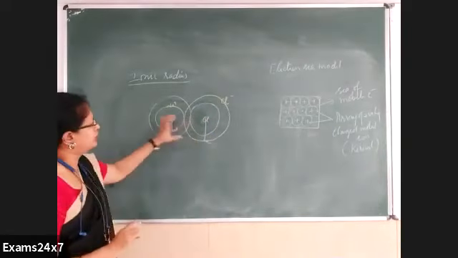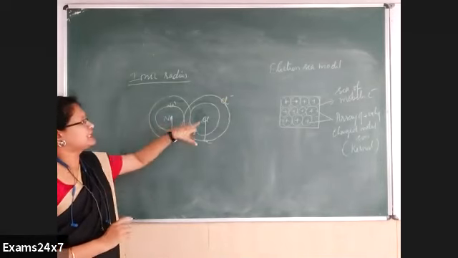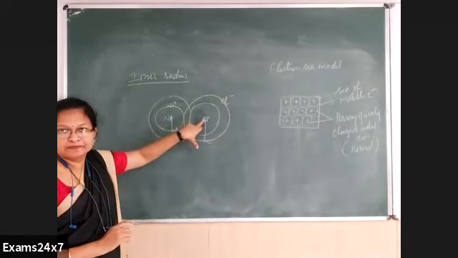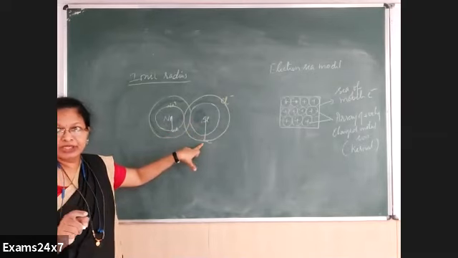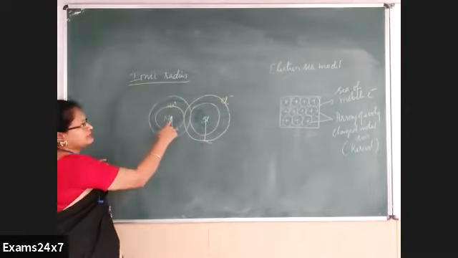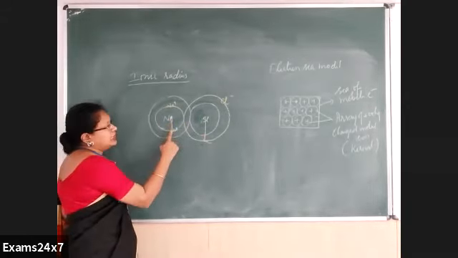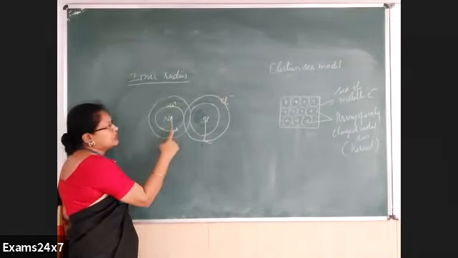So from here to here or here to here, we must say the distance. Then I can define it as the distance from the nucleus to the outer shell of the ion until which the nucleus has its influence.